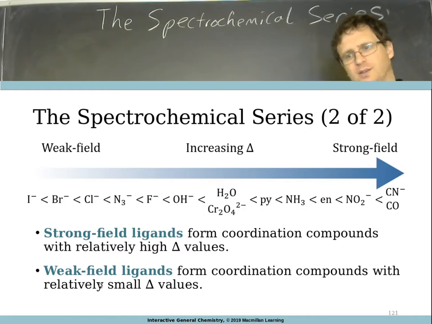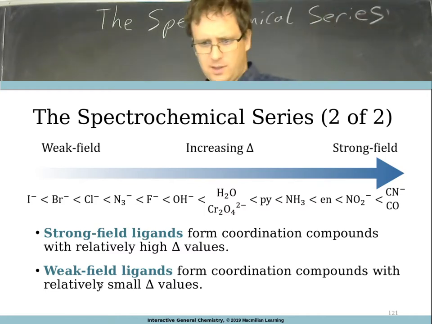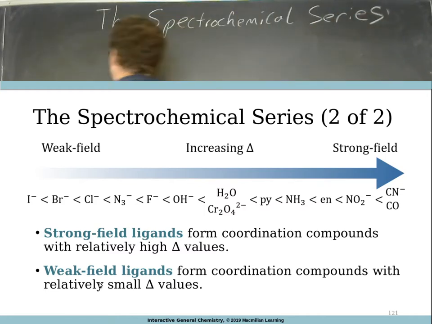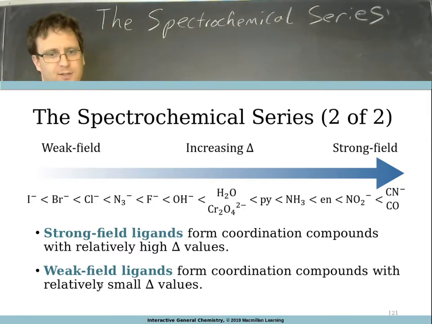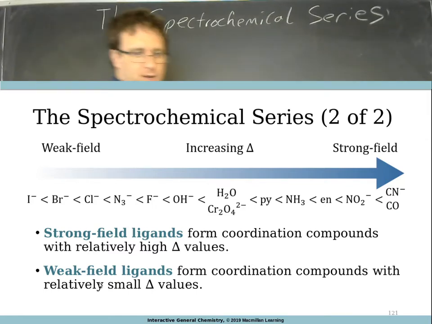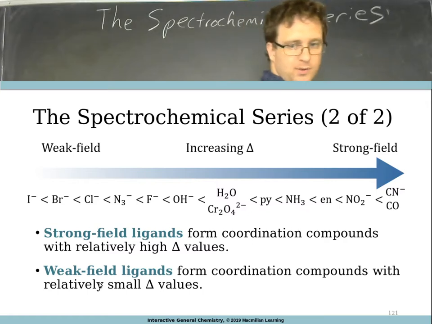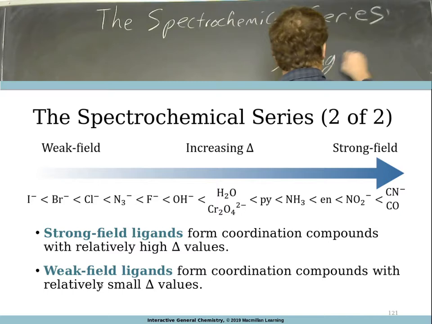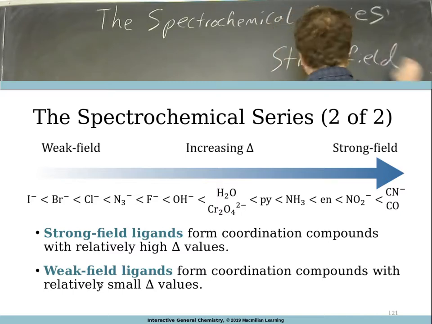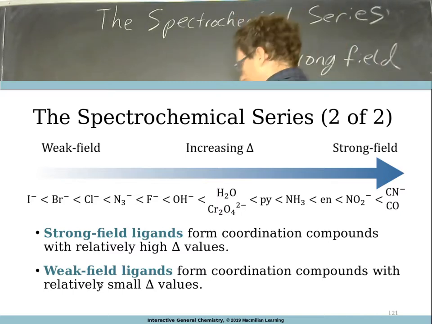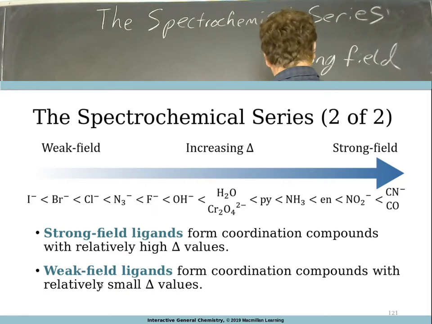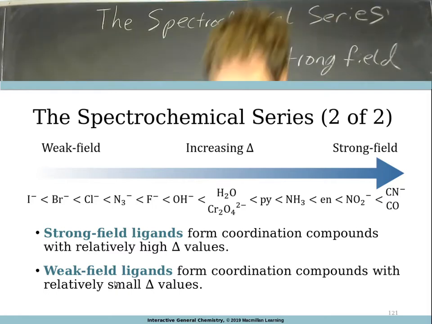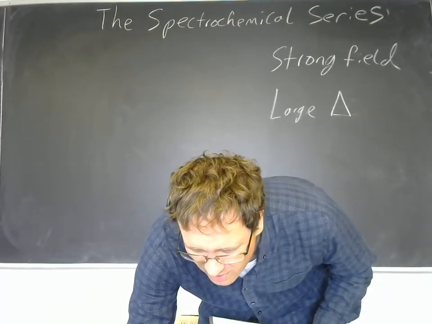So let me just make sure we get everything straight here. So I'll draw it on this side, sorry. I want to make sure I'm not backward here. Okay, so a strong field ligand is going to lead to a large delta. Sorry, let me get rid of this. Just realized you can't see.